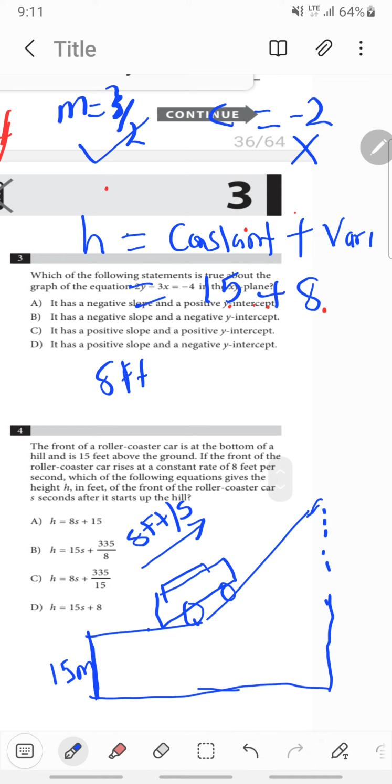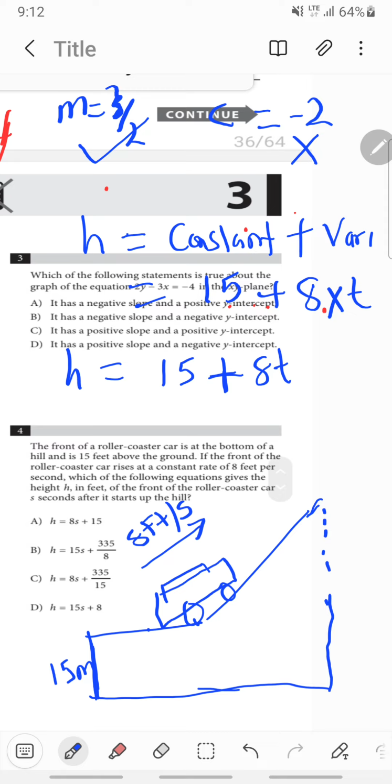That is 8 is the variable that we have here, times the total amount of time it takes for it to climb the hill. So if you look at it, this is the expression that can model the height h above the ground at which the roller coaster is when it is climbing at this rate.